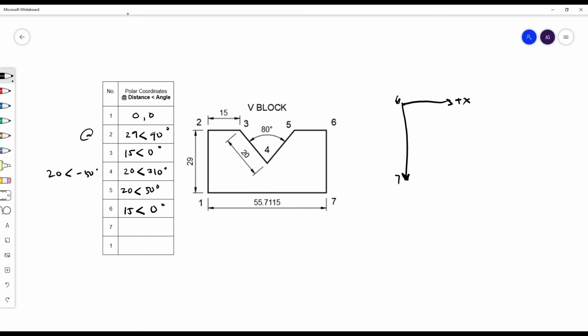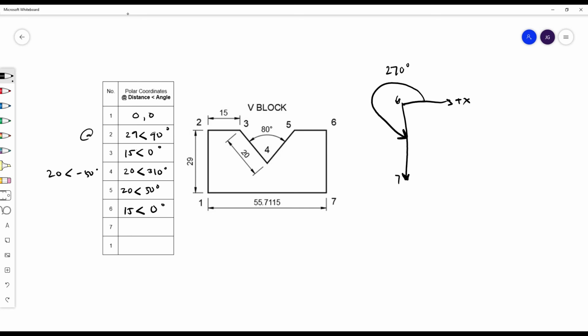Take note that you always need to go from the positive x-axis towards its direction or its line. So this is 270 degrees.